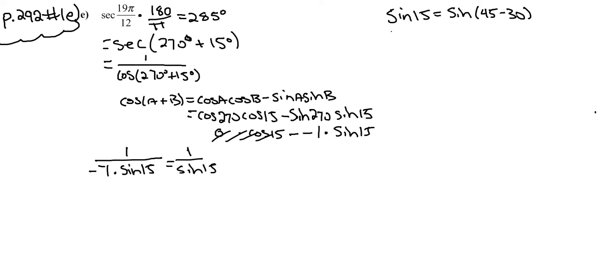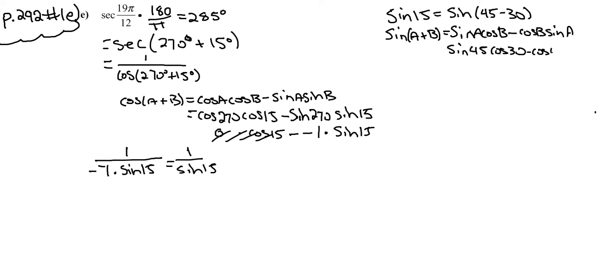So next we're going to use the trig identity, which is sine A minus B is equal to sine A cos B minus cos A sine B. And now we're going to plug in the values, leaving us with sine of 45 cos of 30 minus cos of 45 sine of 30.